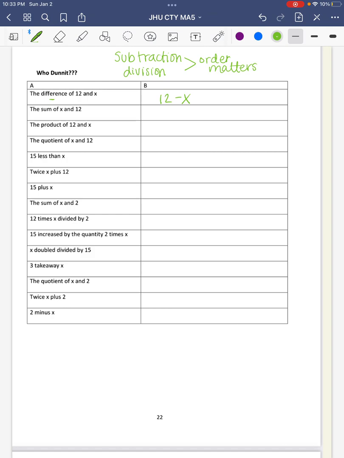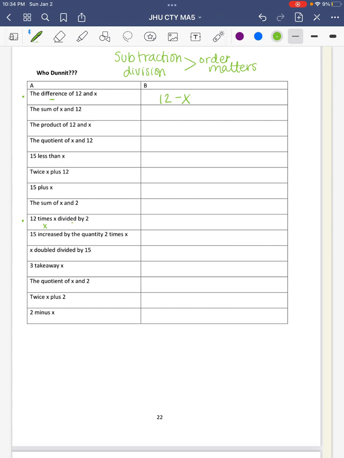Let's solve another one. I'm going to actually skip down and pick a different one. Okay, so I'm going to do this one here. I'm going to put a little dot by it. The 12 times x divided by 2. Okay, I know times means to multiply.